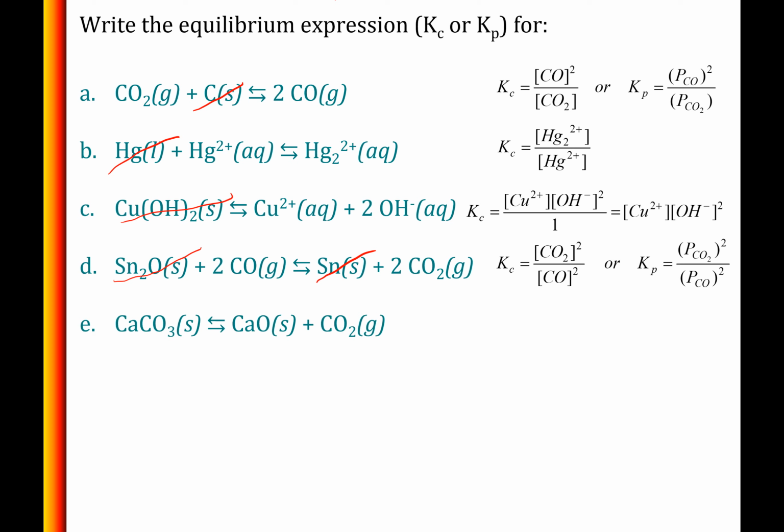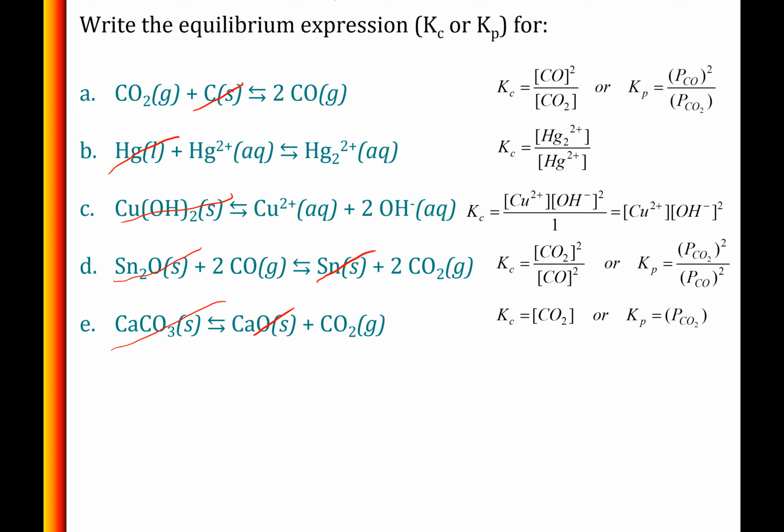Okay, next one, calcium carbonate solid, giving us calcium oxide solid and CO2 gas. Okay, so we can omit calcium oxide solid and calcium carbonate solid. So our Kc just becomes products over reactants, just like always, but our only product now is CO2.